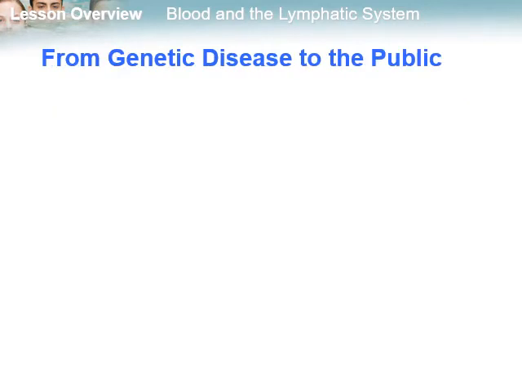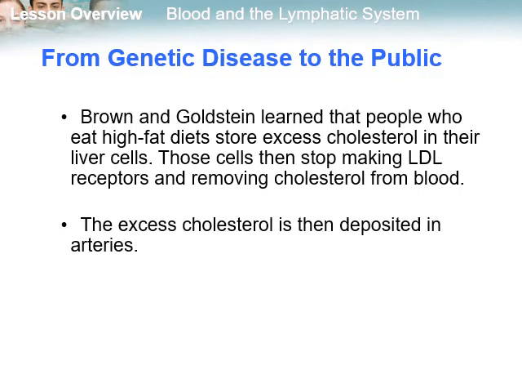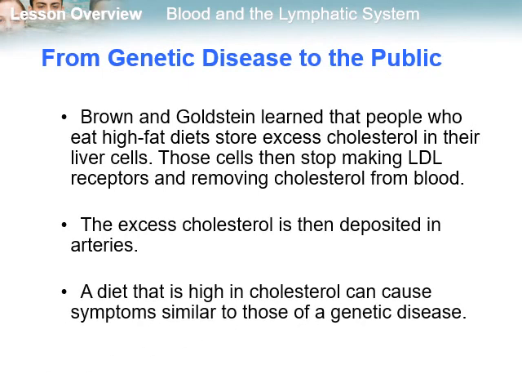From genetic disease to the public, Brown and Goldstein learned that people who eat high-fat diets store excess cholesterol in their liver cells. Those cells then stop making LDL receptors and removing cholesterol from the blood. The excess cholesterol is then deposited in arteries.